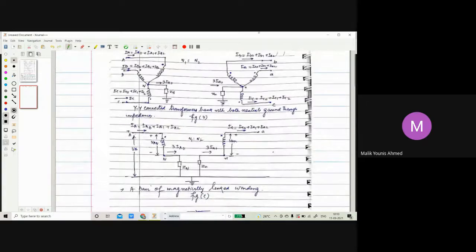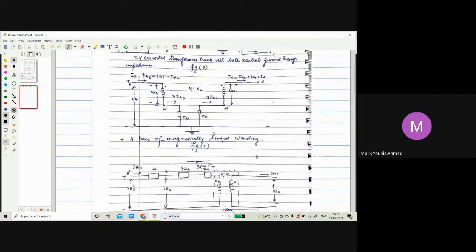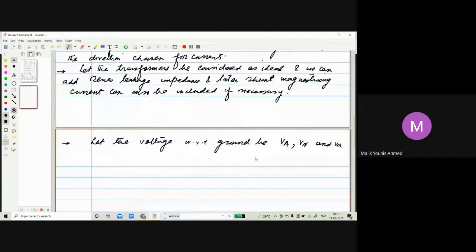You can see here, this is VA, from phase A to ground. VAN is from this phase to neutral, and VN is from neutral to ground. And similarly, Va is from this phase to ground. So this should be very clear. Okay, so let the voltages with respect to ground be VA, VN, and Va.